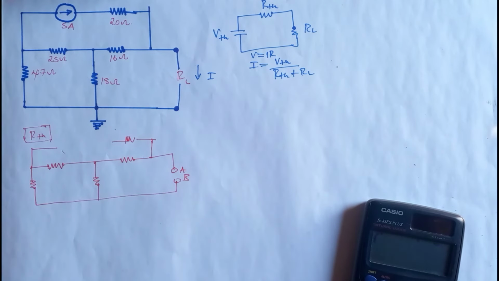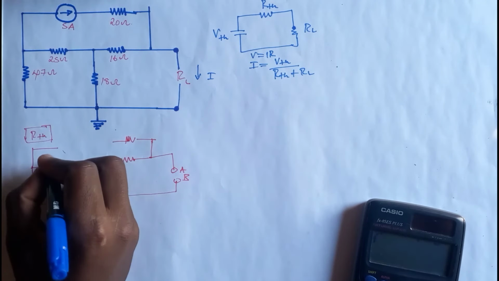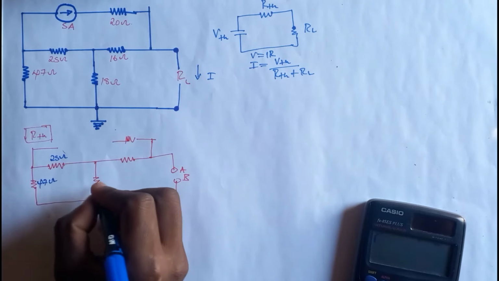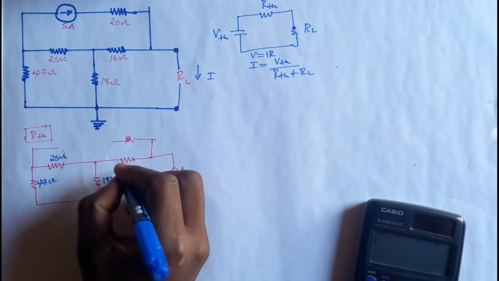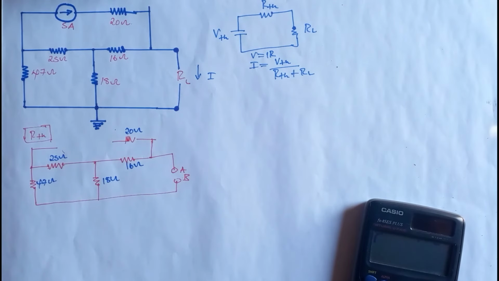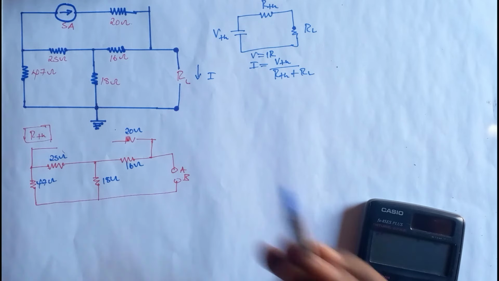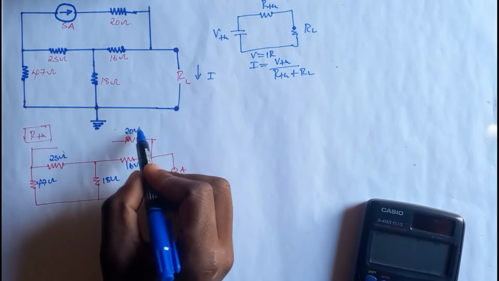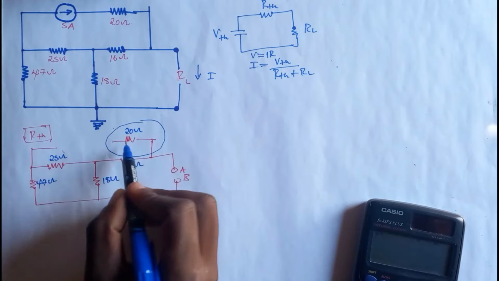Now let me put in my resistors. This is the 25 ohm, this is the 47 ohm, this is the 18 ohm resistor, this is the 16 ohm resistor, and this is the 20 ohm resistor. Now we're going to find the Thevenin equivalent resistance. Remember, no current flows through the 20 ohm resistor, so we can simply remove it.